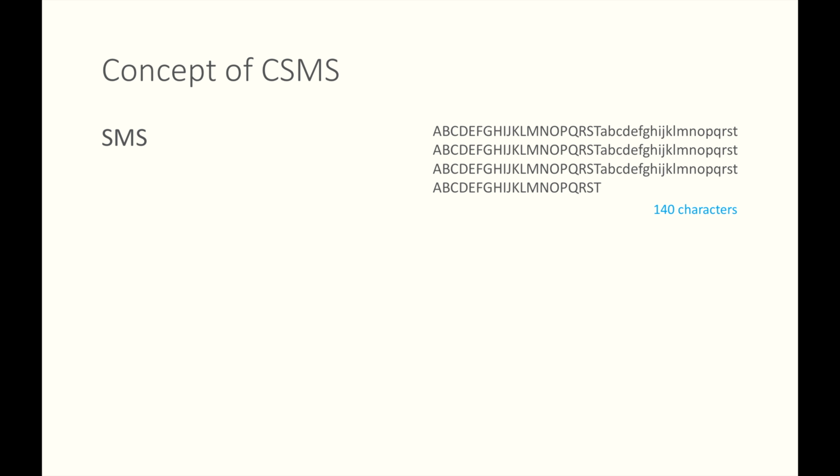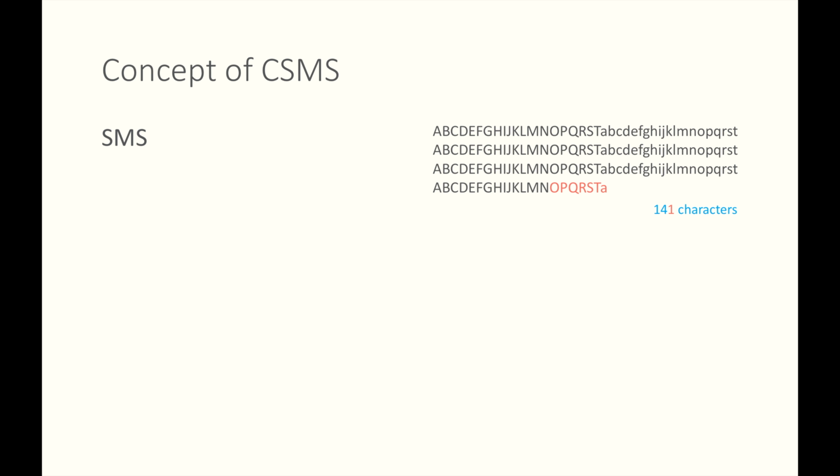Typically, one SMS contains up to 140 characters, assuming all characters are English characters. When a message is longer than 140 characters, let's say 141 characters, we can split it into two SMS.